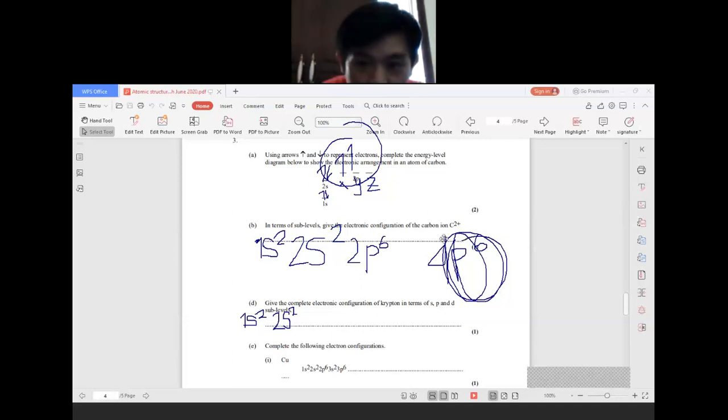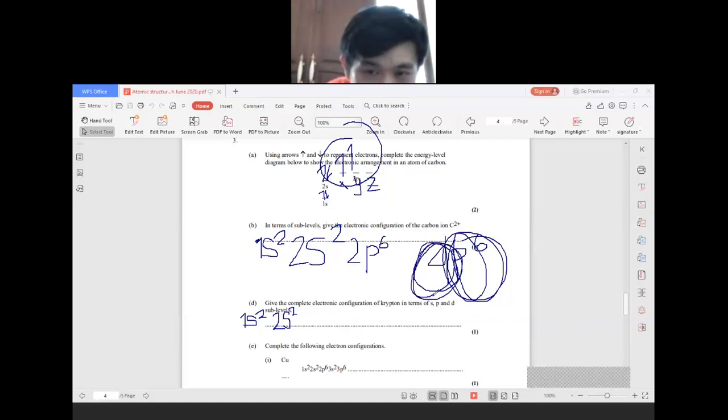Exactly. The quantum number tells us the period of the element in the periodic table. The p here tells us what group of element the atom is located in.